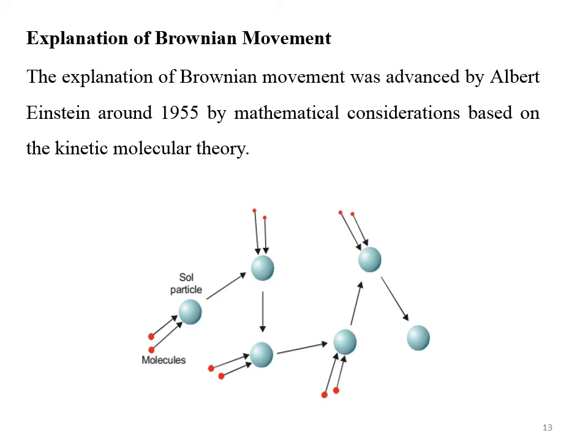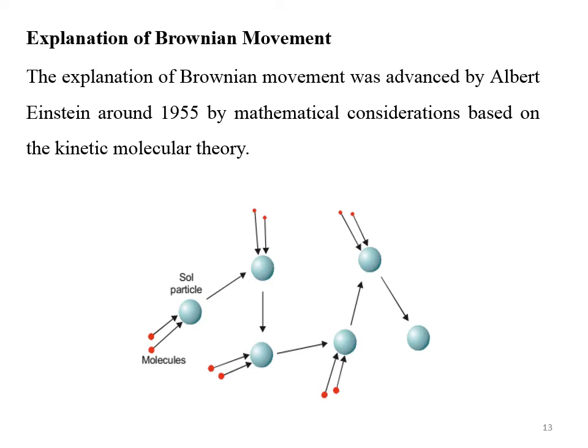Because the molecules are moving in different directions, if we observe a single particle for a very short interval of time, many molecules from different directions can come and strike that particle.